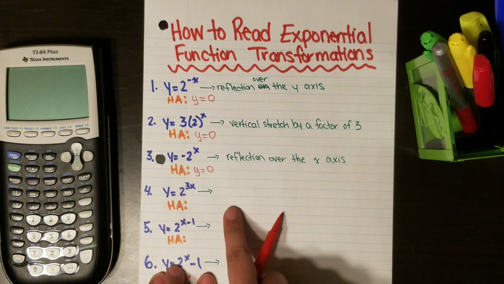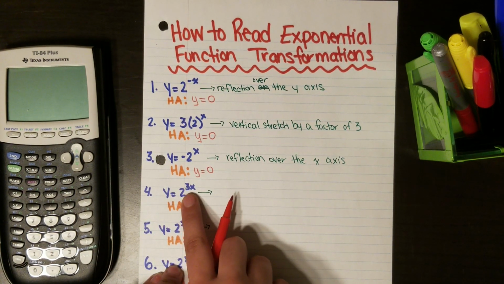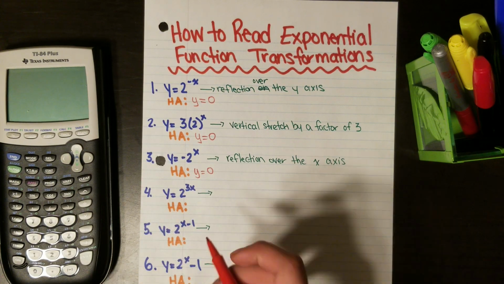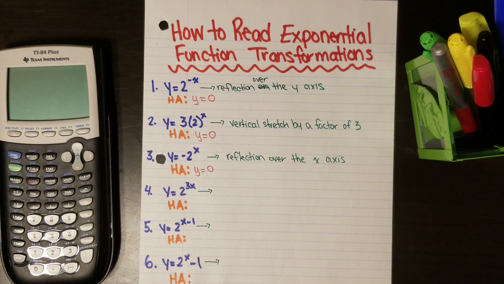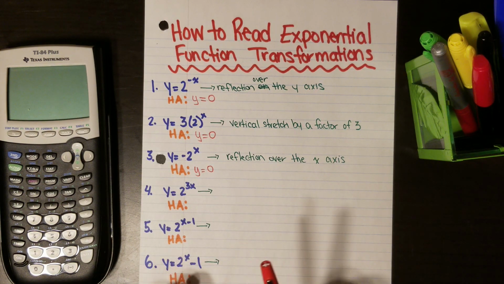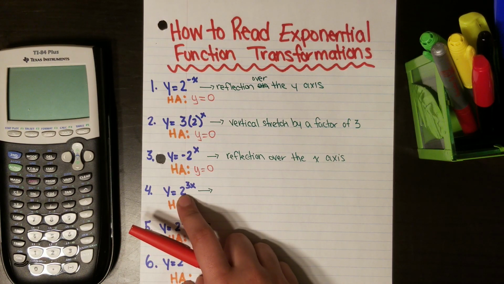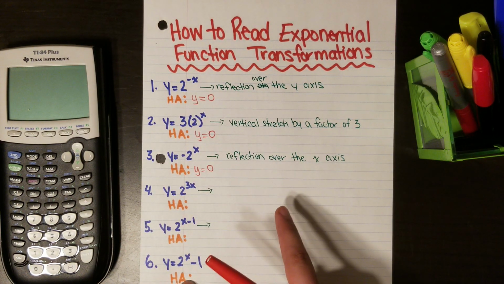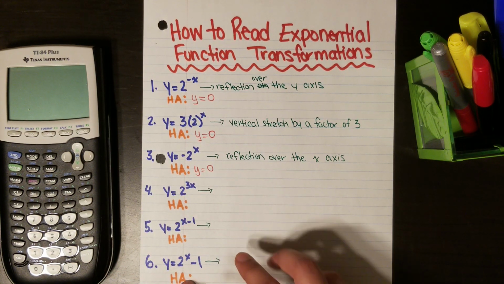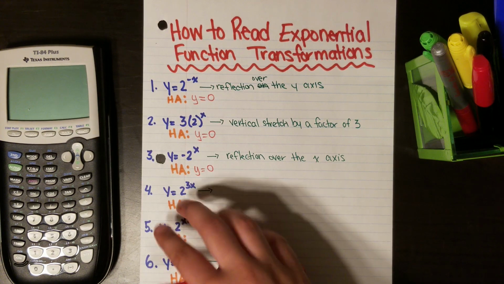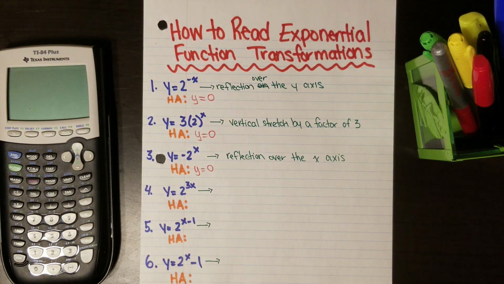Okay, so for the next one, y equals 2 to the exponent 3x. That 3 right there is your b value. And your b value deals with your x values. At the end of this, I'm going to give us an equation to remember our values. But that 3 is our b value, and our b value deals with our x values. And we know that whatever our b value is, whatever we do mathematically is going to be the opposite. So we have to reciprocate that 3 and make it the opposite.